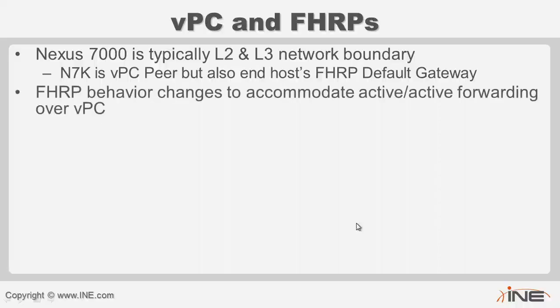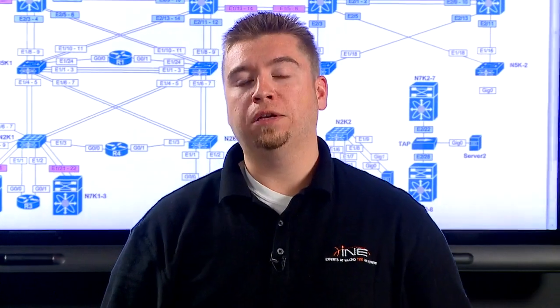In order to account for this, we're going to have to change some of the behavior of first hop redundancy, where normally we would have one active and one standby device, or in the case of VRRP, I believe we call this the master and the backup. But in either case, the master or the active device is the one in charge of forwarding traffic for the virtual MAC address.